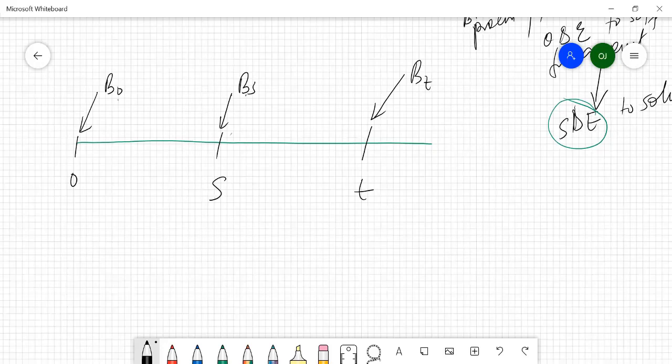It means it contains information in this region here and all the information in this region.